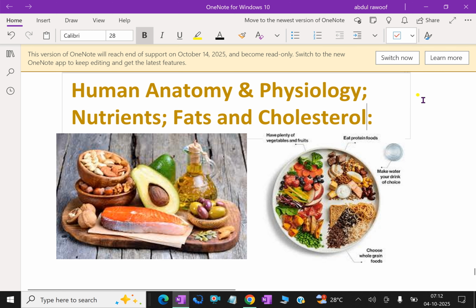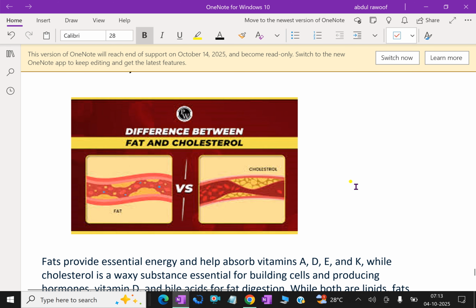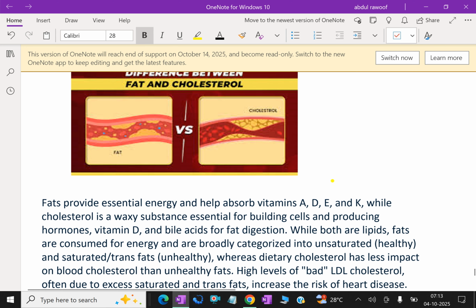Now we'll discuss further detail about fats and cholesterol. Fats provide essential energy and help absorb vitamins A, D, E, and K, while cholesterol is a waxy substance essential for building cells and producing hormones, vitamin D, and bile acids for fat digestion.